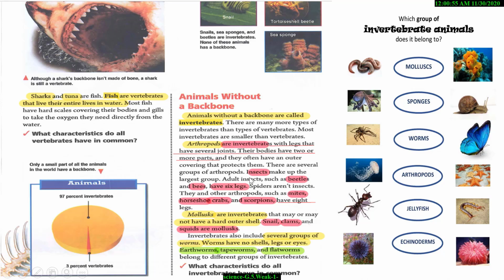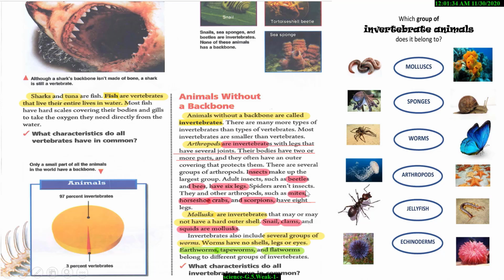Arthropods are classified into two groups. Some arthropods have six legs, but some other arthropods have eight legs. Examples of insects with six legs: beetles, bees, flies, butterflies and ladybugs.